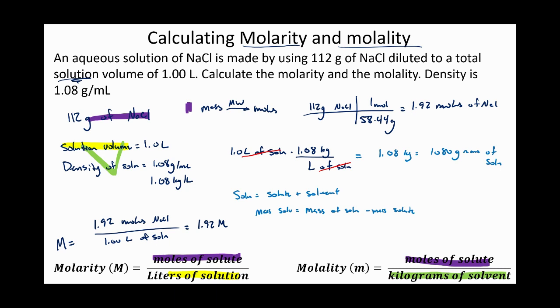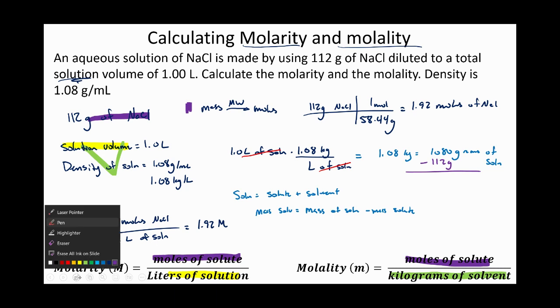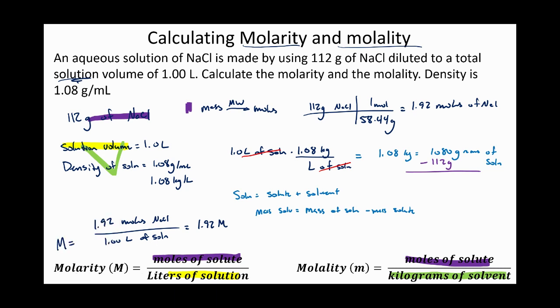So I can take that 1,080 grams of solution and subtract the mass of NaCl, which is 112 grams, and I'd get that my mass of solvent must then be 968 grams, or 0.968 kilograms.